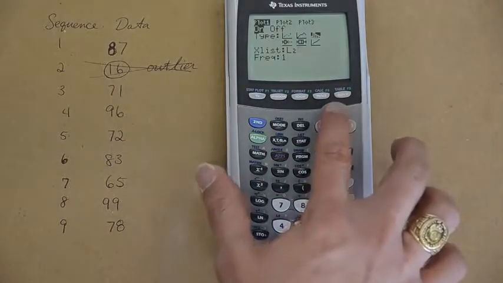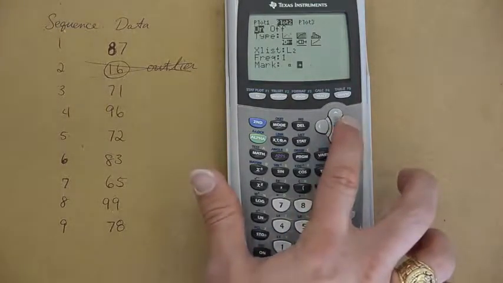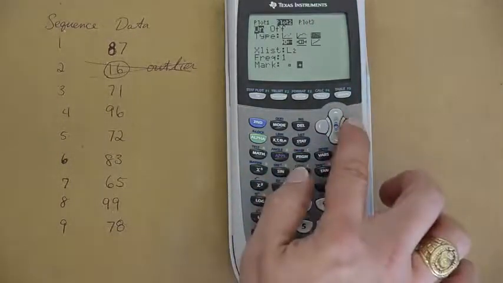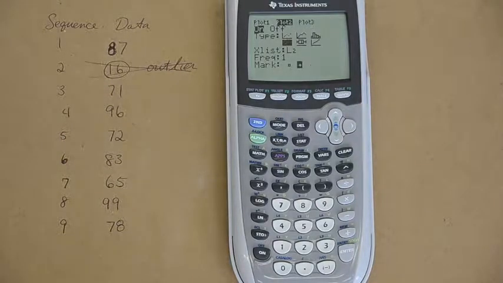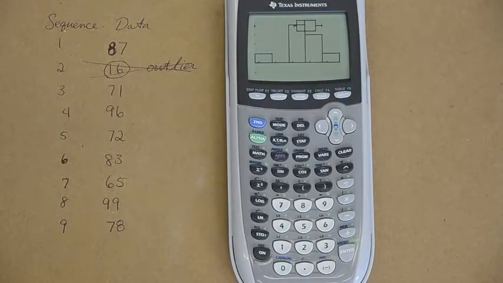Okay, now I'm going to arrow up to plot 2 and hit enter. I'm going to turn it on, and below the histogram I made just a second ago, I'm going to put a box plot underneath the histogram. And zoom 9. And there you go.